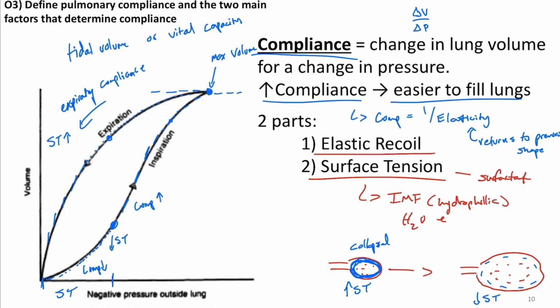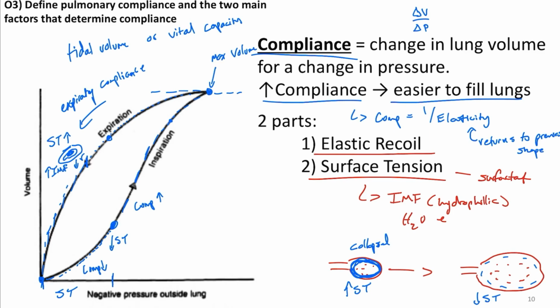Once the molecules get closer and closer together, eventually there becomes a critical point where they become so close that they want to increase their intermolecular forces toward each other, which decreases the actual radius of the alveoli. This makes it easier and easier to deflate fully once you get to this critical mark. So this is an epic, I guess, Gen Chem explanation of why this is all happening.